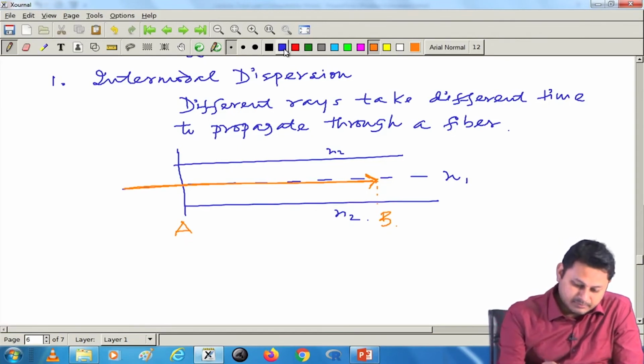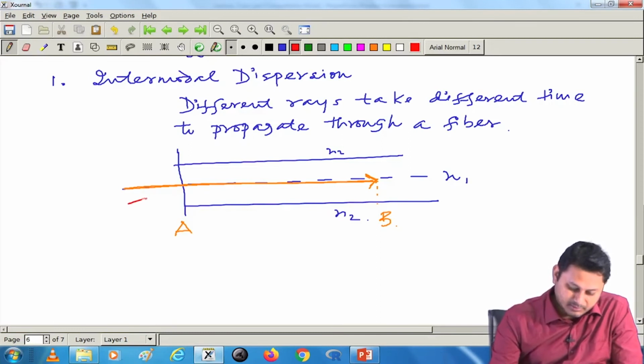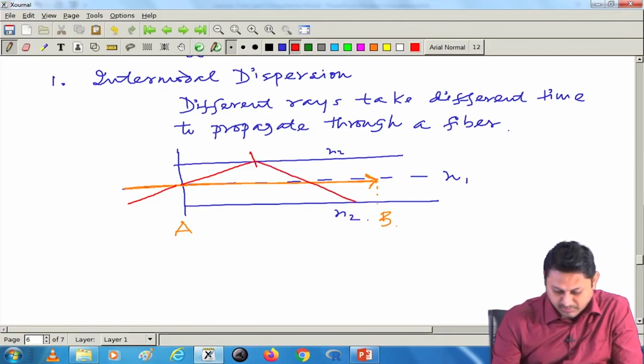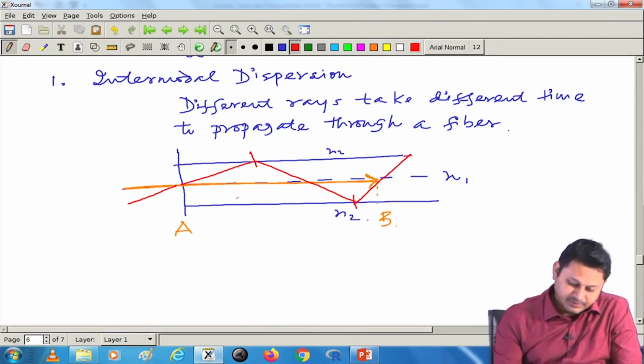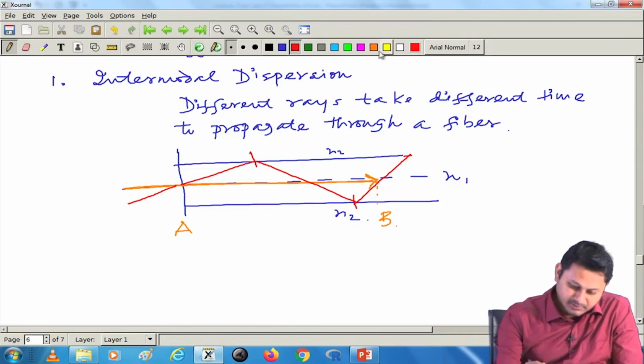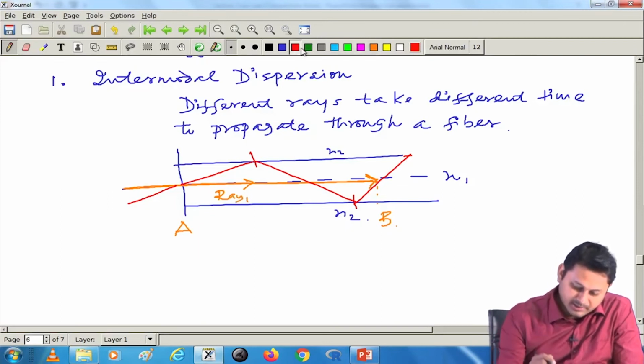And another ray one can consider is passing through the system like this. If this is ray 1, I can write this as ray 2.